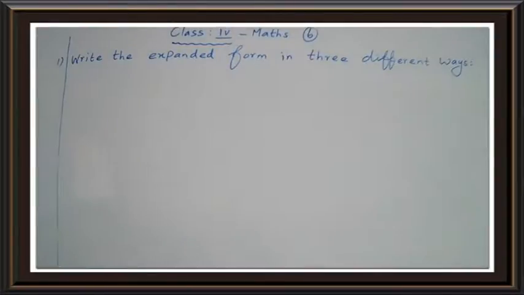Write the question. All of you take your classwork children and write today's day and date. Don't leave any page. Continue your writing and write the first question. Write the expanded form in 3 different ways. Finish? Okay, now you write the number in first question, first one.